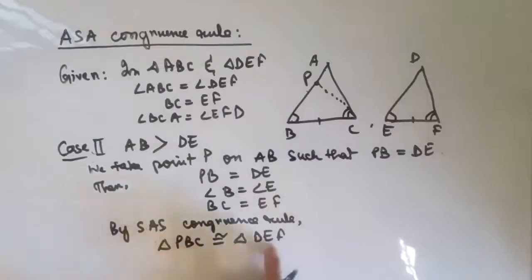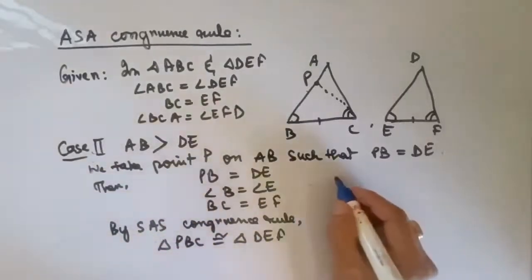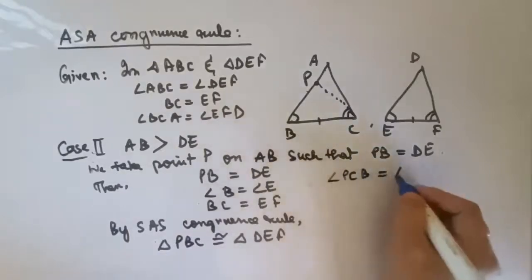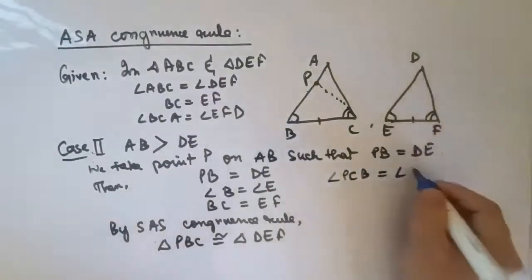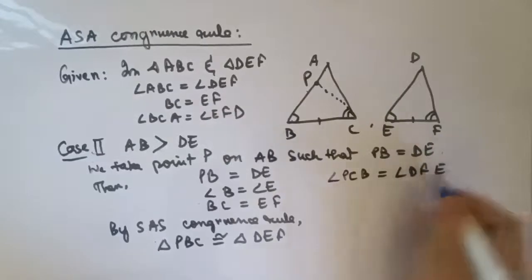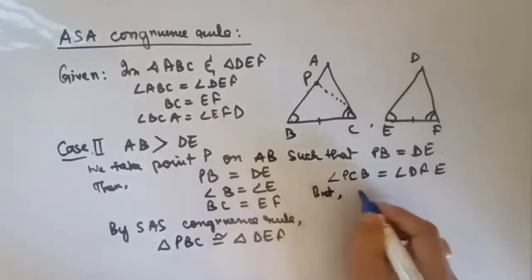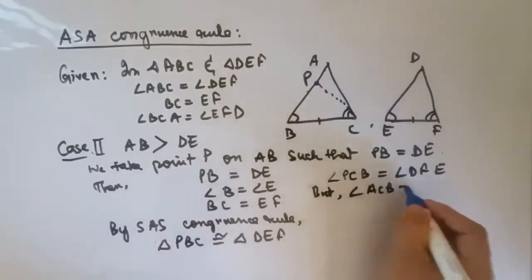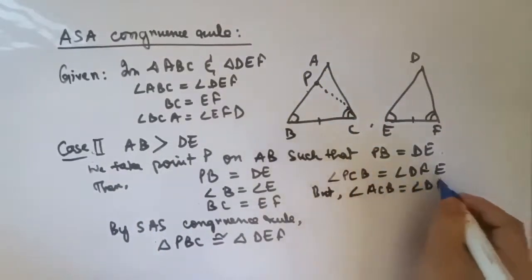Since these two triangles are congruent to each other, angle PCB is equal to angle DFE. But we are given that angle ACB is equal to angle DFE.